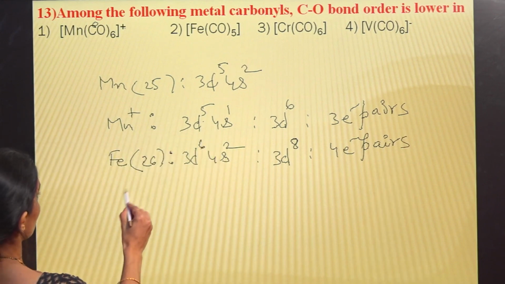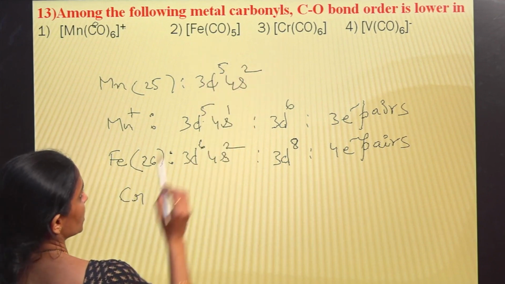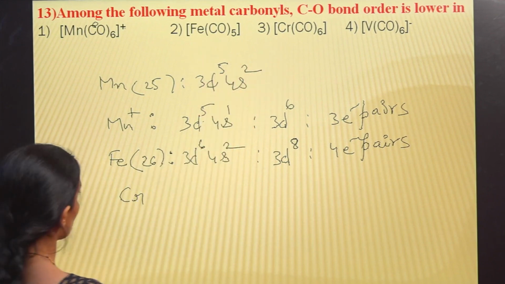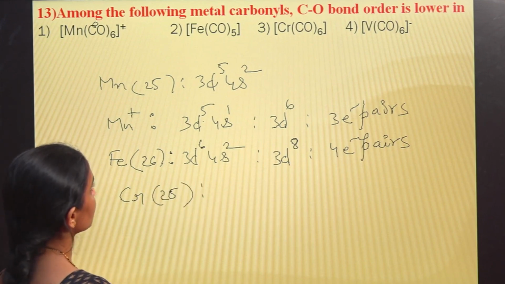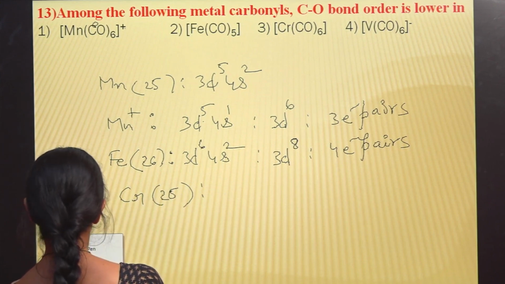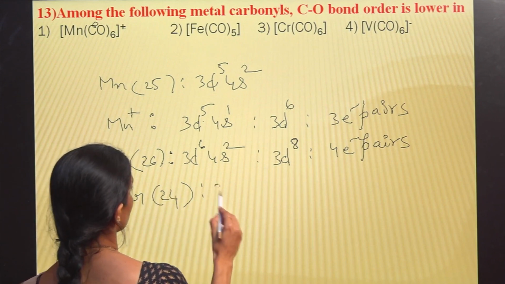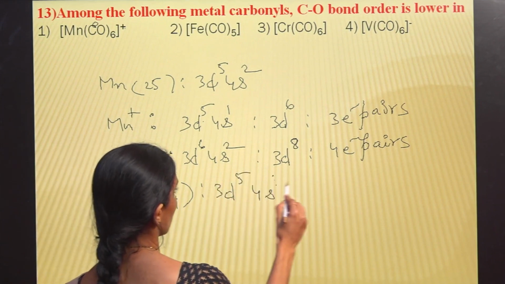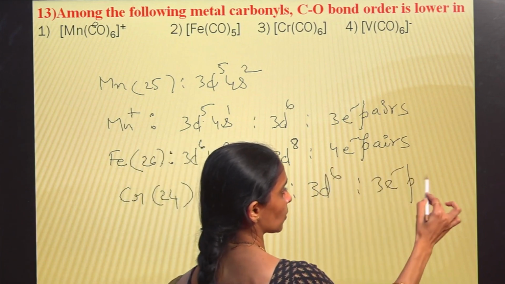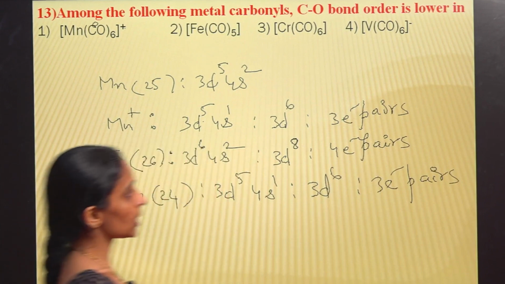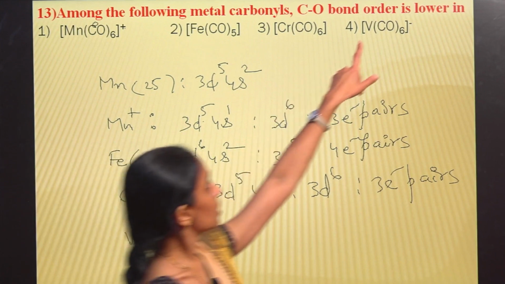In the next case, chromium, again metal in the atomic state. Chromium is 24, 3d5 4s1. By carbonyl influence it becomes 3d6, 3 electron pairs, okay, there are no single electrons. Next you have V minus.